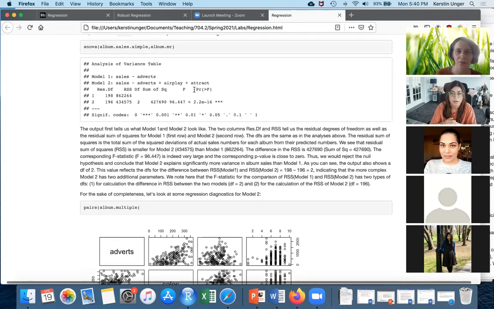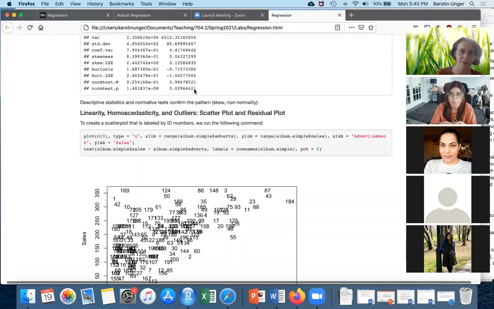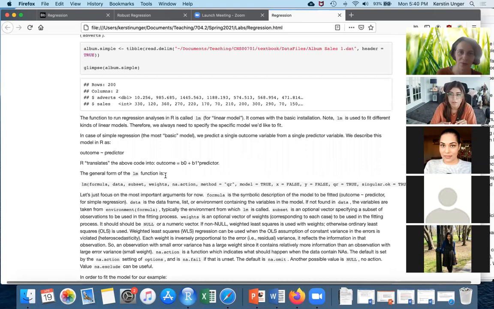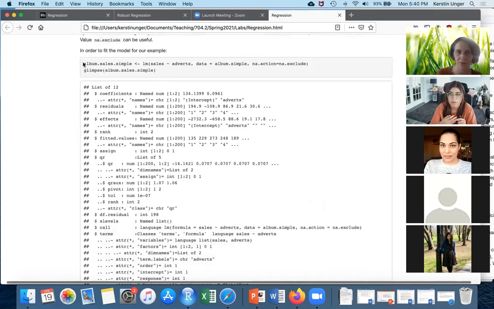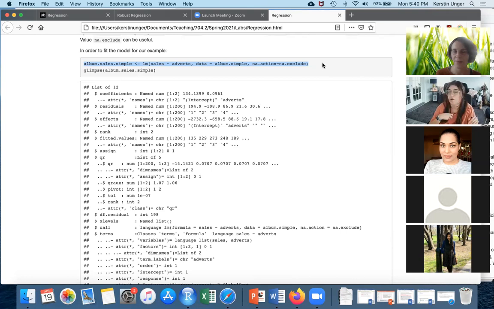Right, so you have to run the simple regression model again. You need a simple regression model, album sales simple, and if it's not in your environment, you cannot compare the two models. Right. Okay, I got it. Thank you.